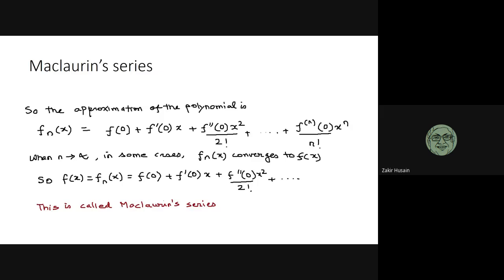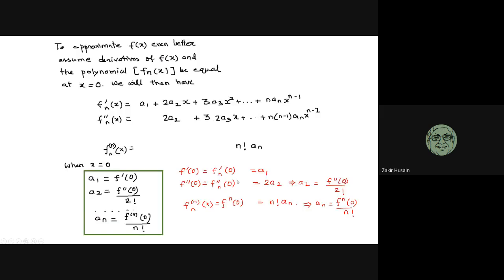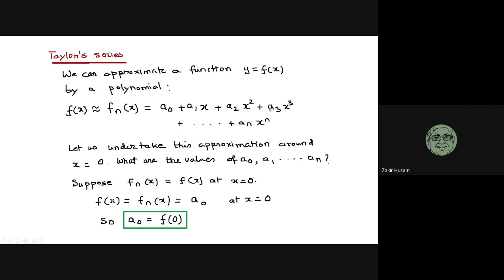Now, the approximation, suppose n tends to infinity. What I've done is, using these coefficients, I've replaced a0, a1, a2 by these values.